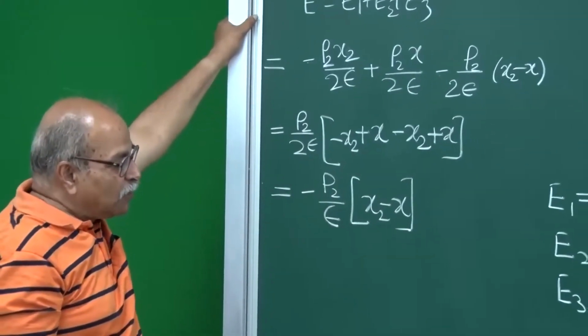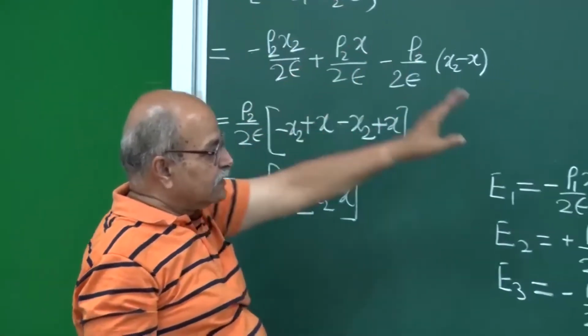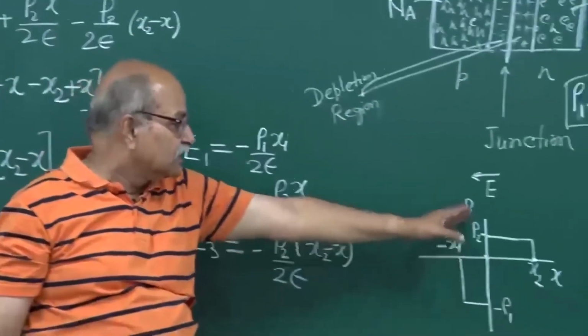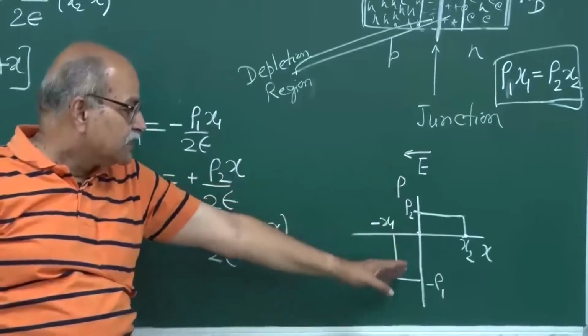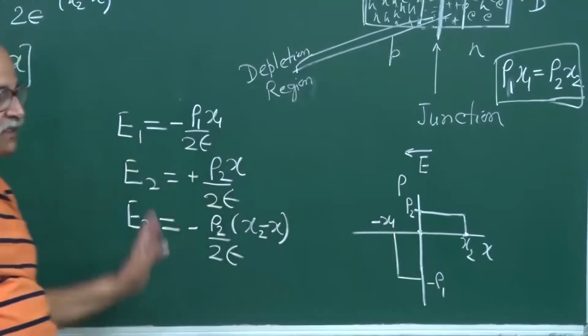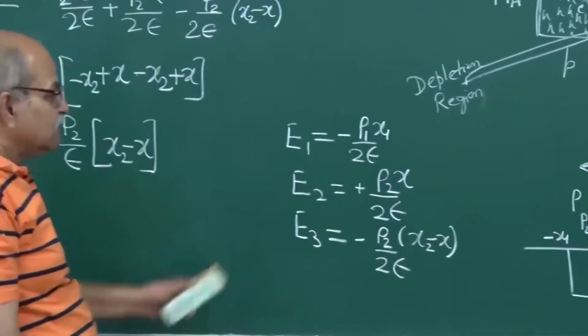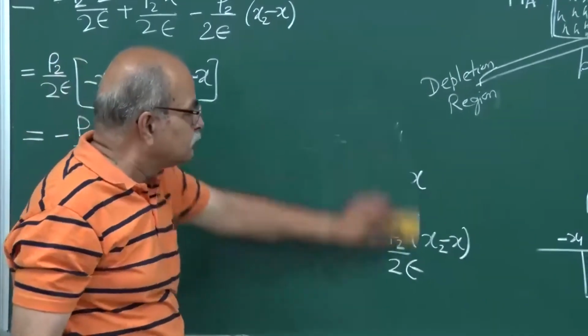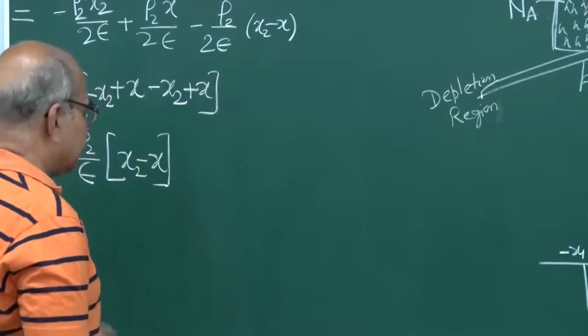So if I plot for electric field, here is the plot for charge density. If I make a similar plot for electric field as a function of x, taking towards the right as positive, how will it look? It will be like this.